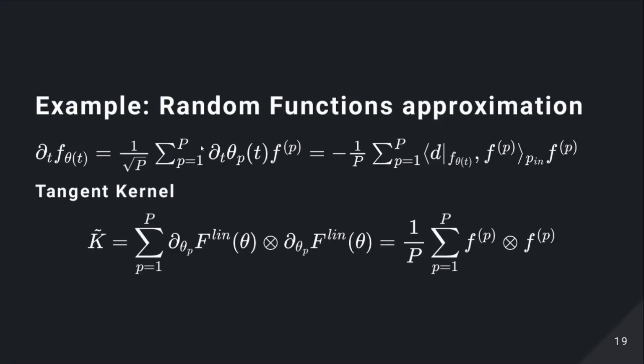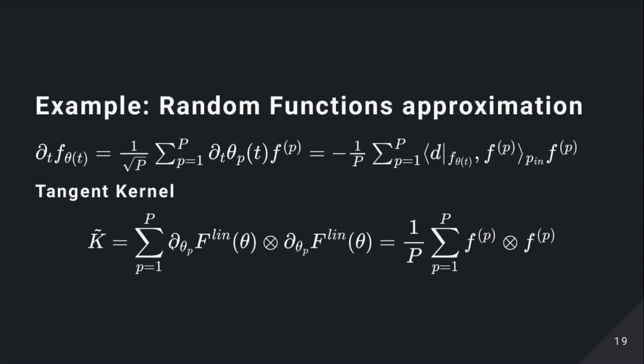And yeah, doing a bit more algebra, I can decompose this into looking like this. And this is actually equivalent to kernel gradient descent with respect to a particular kernel, which is simply taking the derivative of my map from parameters to function, with respect to each parameter.